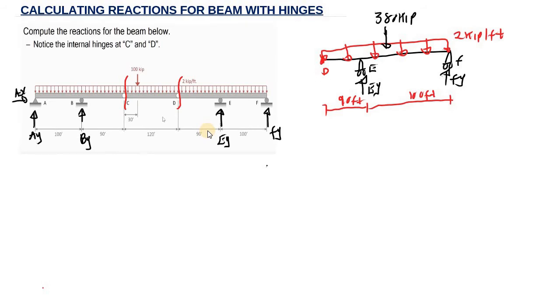We are going to have an unknown internal force, and we calculated this unknown internal force, which was DY. We calculated this value to be 145 kip, and this was acting upward. Because we are taking a look at DEF, this is going to act downward because the forces are the same, but opposite.